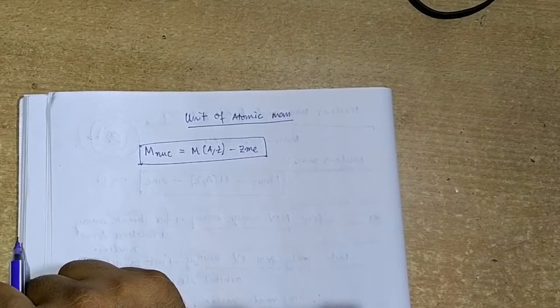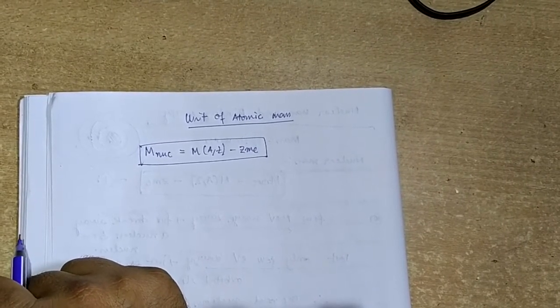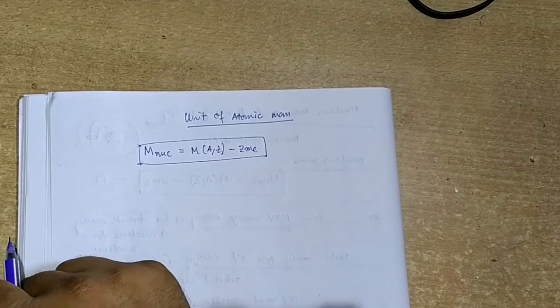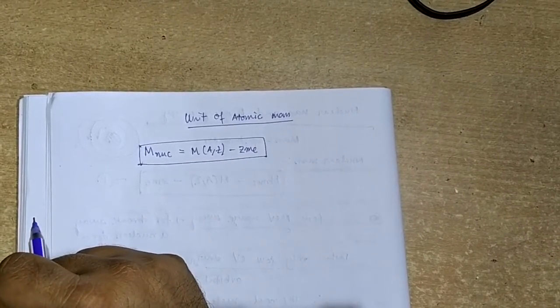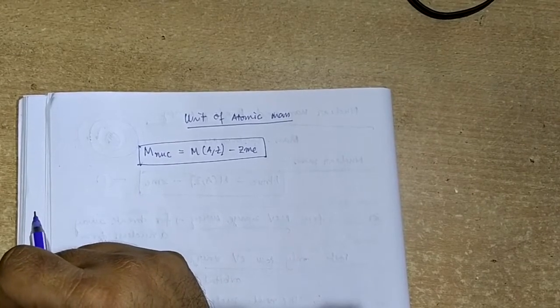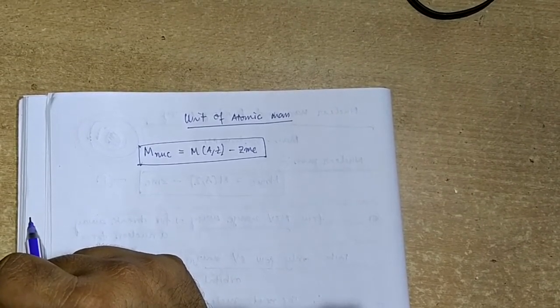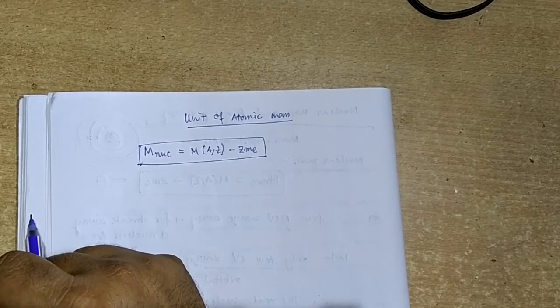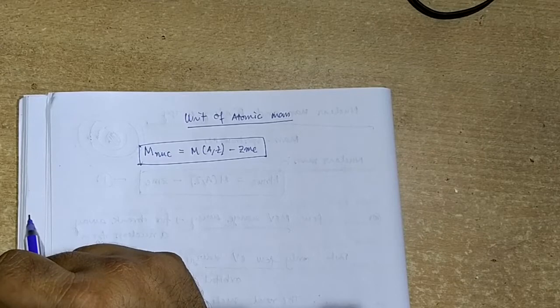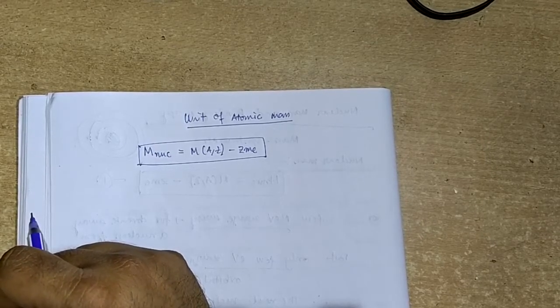There are various methods for atomic mass measurement that have been developed, and to obtain the atomic mass we used different units previously. One unit is the atomic mass unit that was previously used by chemists.